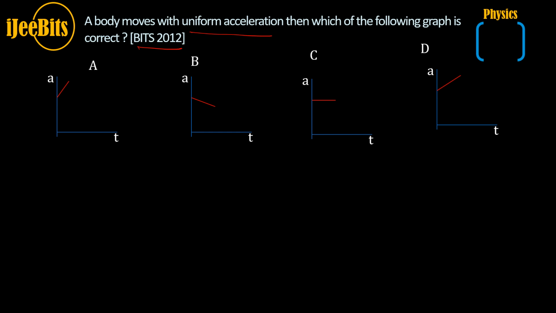By looking at these three diagrams, one thing is very clear for us: uniform acceleration means a constant line in the a-t graph. Acceleration is uniform in this. So obviously the answer would be this one only, C. We have seen so many graphs. Now we are in a position to answer quickly.